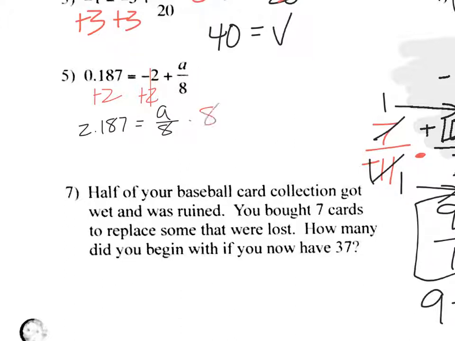Multiply both sides by 8. So those cancel. So if you do 8 times that, you should get 17.496. Now, again, if you have a calculator, this is relatively easy.